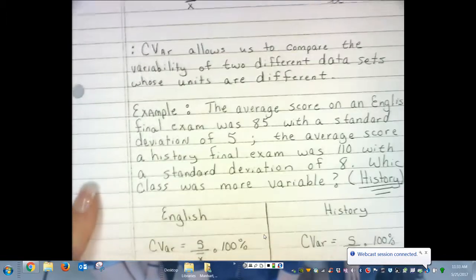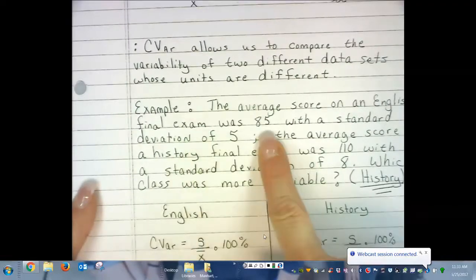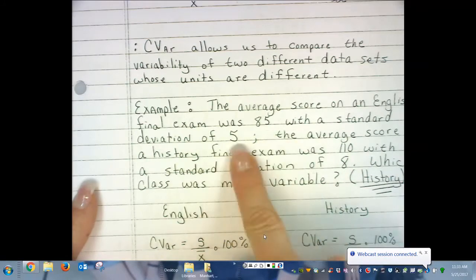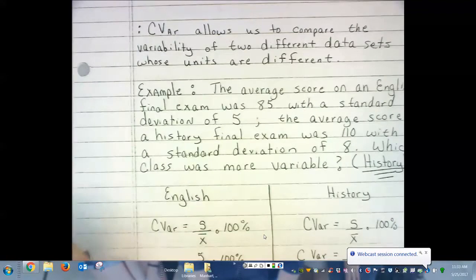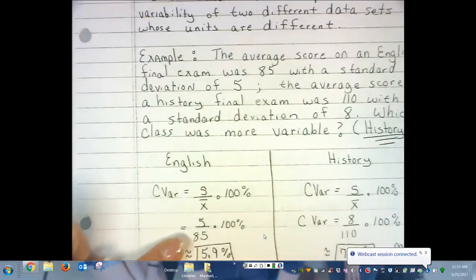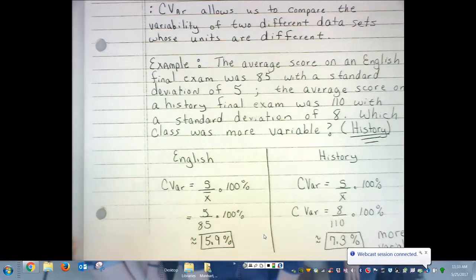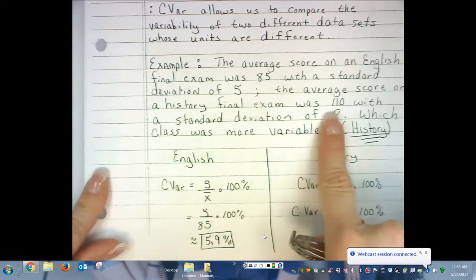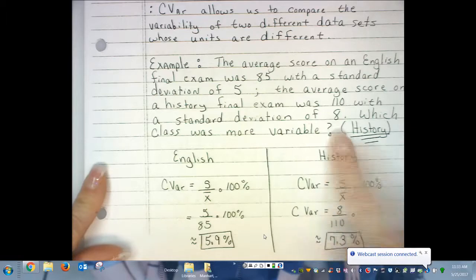For English final exam, the average was an 85 with a standard deviation of 5. So that's 5 divided by 85, and if you change that to a percentage by multiplying by 100, it's about 5.9%. For history, the average score was 110 with a standard deviation of 8.